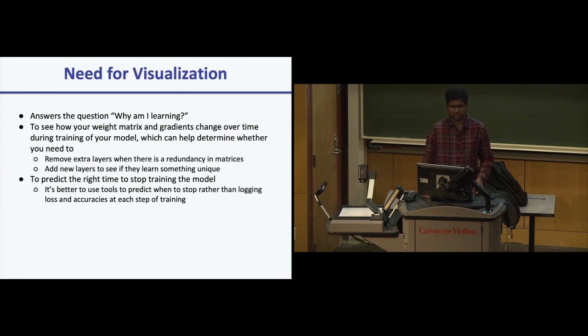And also for early stopping, when you start seeing that the training loss is continuously increasing but validation loss has saturated or has started going up, then you would want to immediately stop.